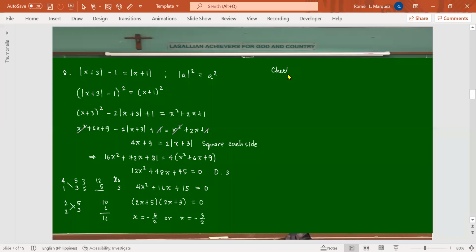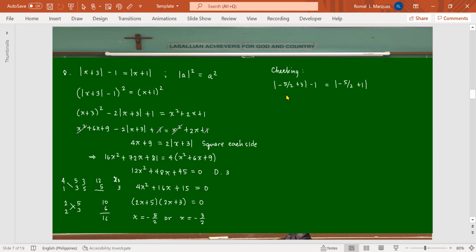Checking. Because absolute value is always positive, the right side is always positive. What if the difference is negative? Okay, so it's not correct. So let's see. What is the absolute value of negative 5 halves plus 3, minus 1? And then the right side, negative 5 halves plus 1. What is negative 2.5 plus 3, guys?